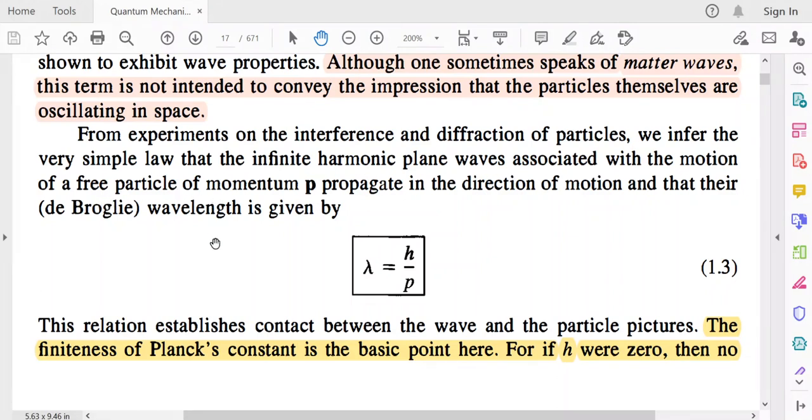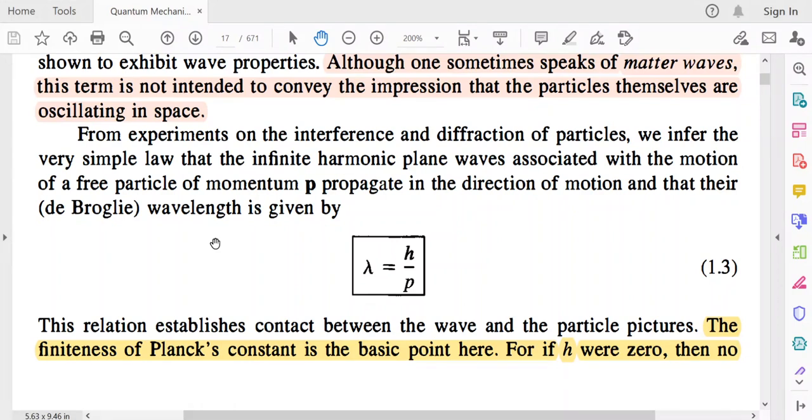So we consider a free particle which is in motion and whose momentum is p. The free particle has some momentum and is propagating in space.